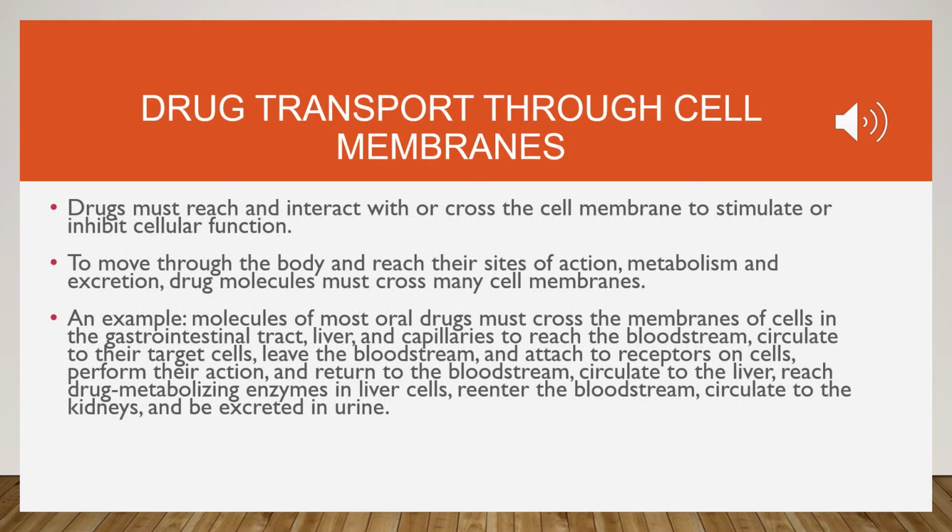Drugs must reach and interact with or cross the cell membrane to stimulate or inhibit cellular function. Most drugs are given to affect body cells that are distant from the sites of administration. To move through the body and reach their sites of action, metabolism, and excretion, drug molecules must cross many cell membranes.